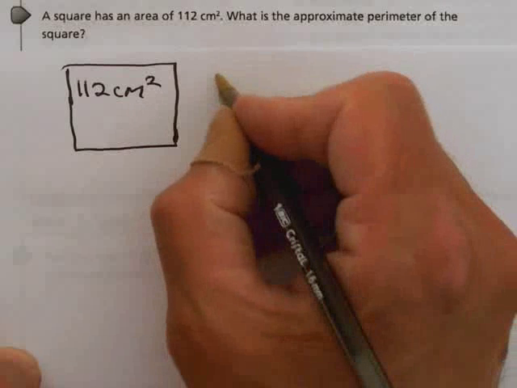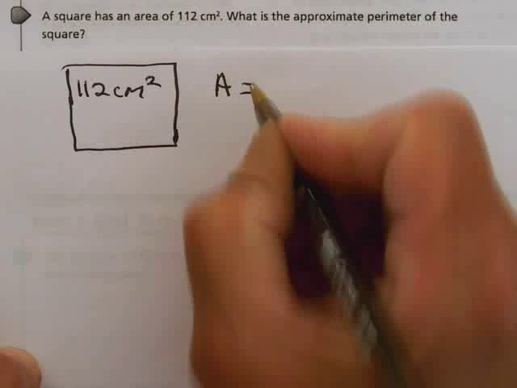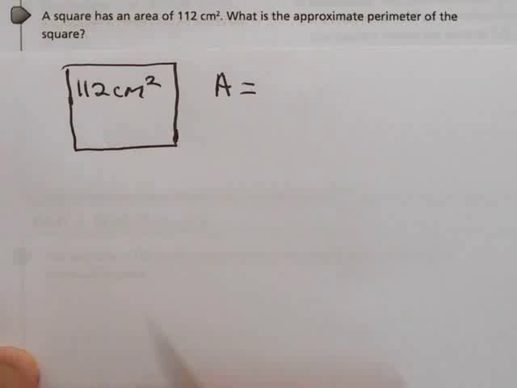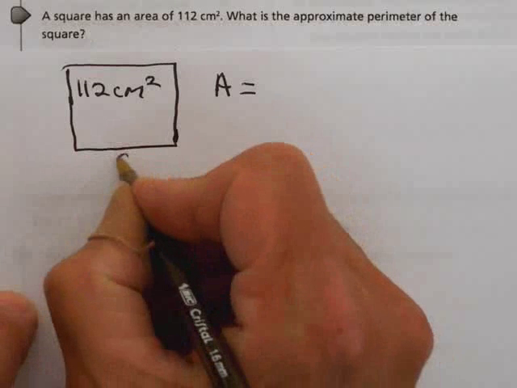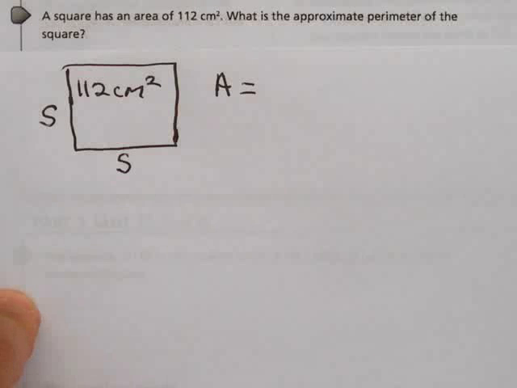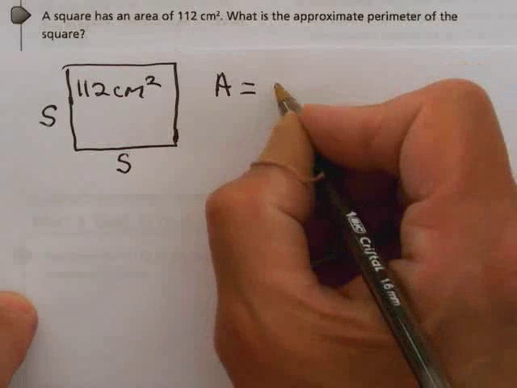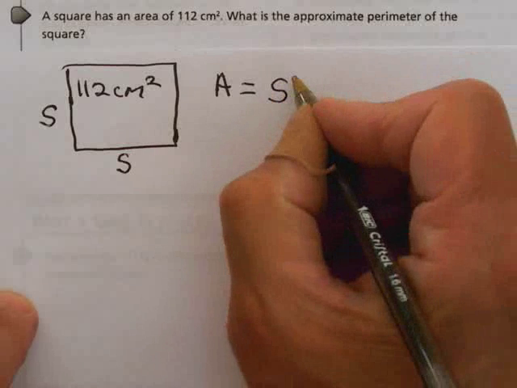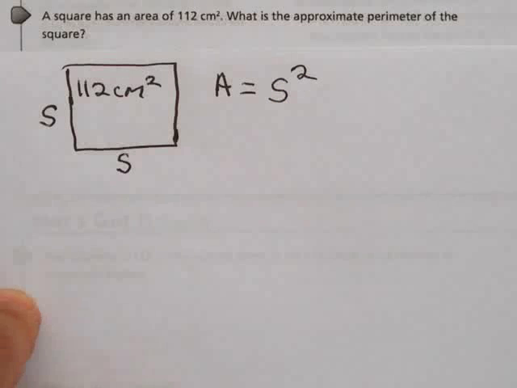Well, the area of a square, of course, is its base times its height, or the other way we think of it is the side multiplied by the side, because in a square, all the sides are the same length. So I can say that the area for this shape would be equal to S squared, where S equals the side, to the second power.